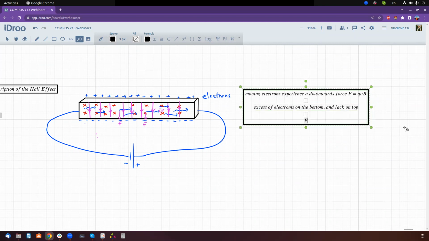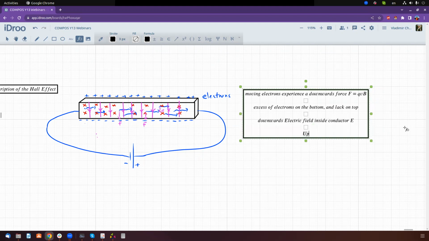That means a downwards electric field inside the conductor, E, and an upwards force on electrons from the electric field.